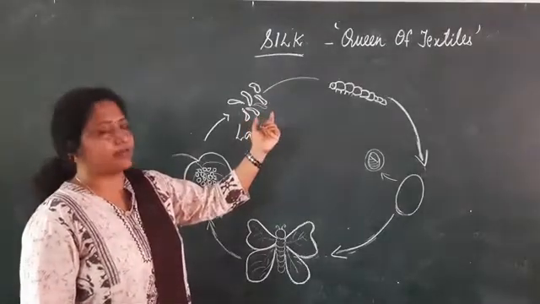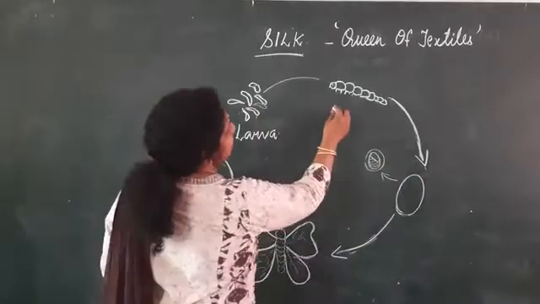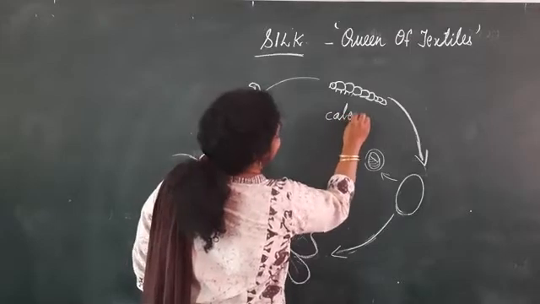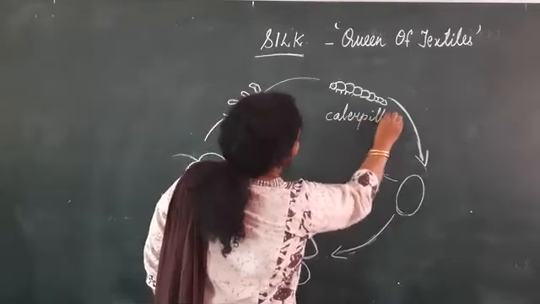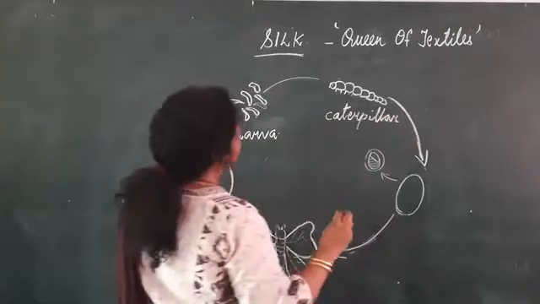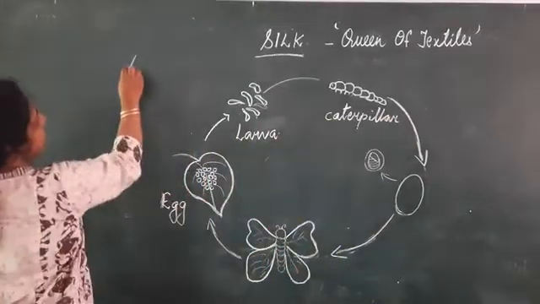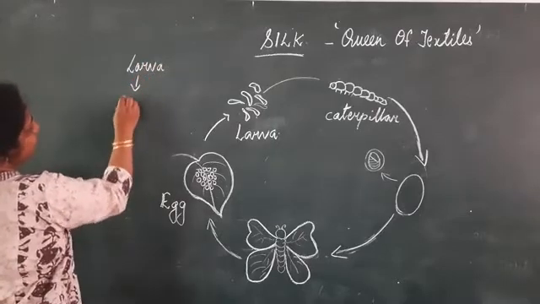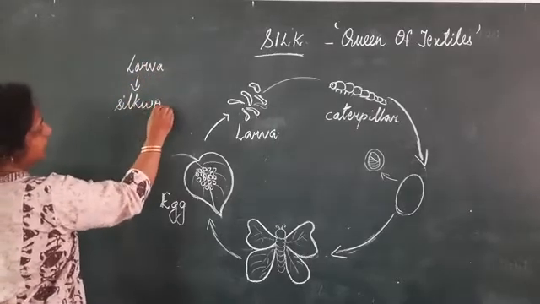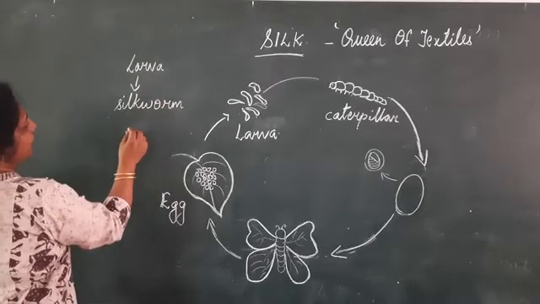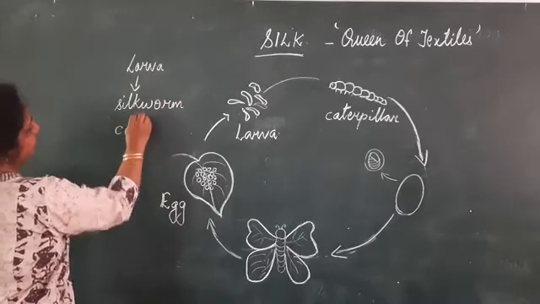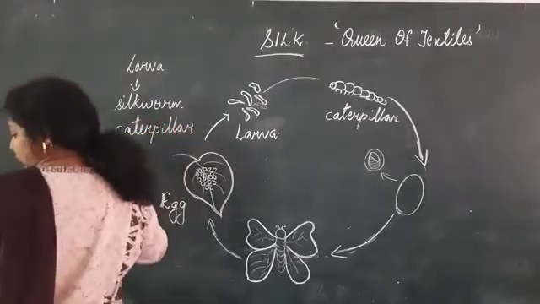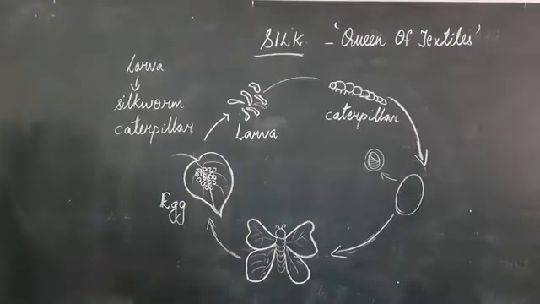This is the silkworm, or it is also called the caterpillar. So the larva can be called either a silkworm or a caterpillar.